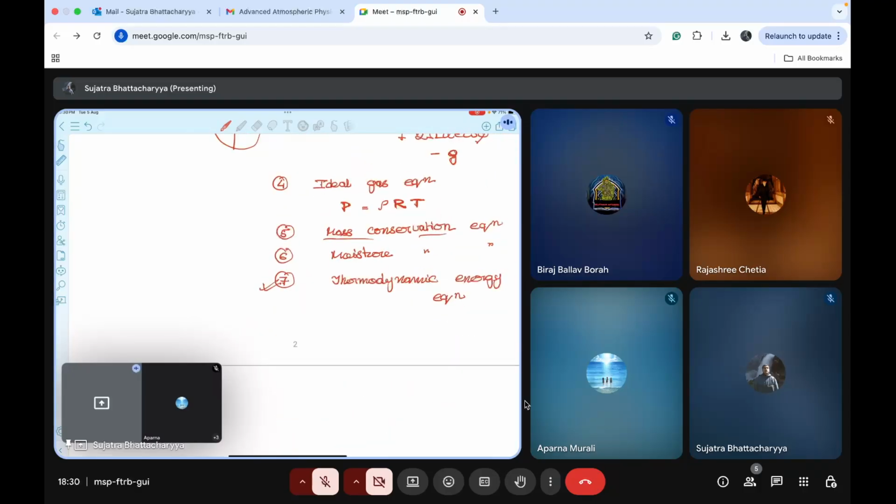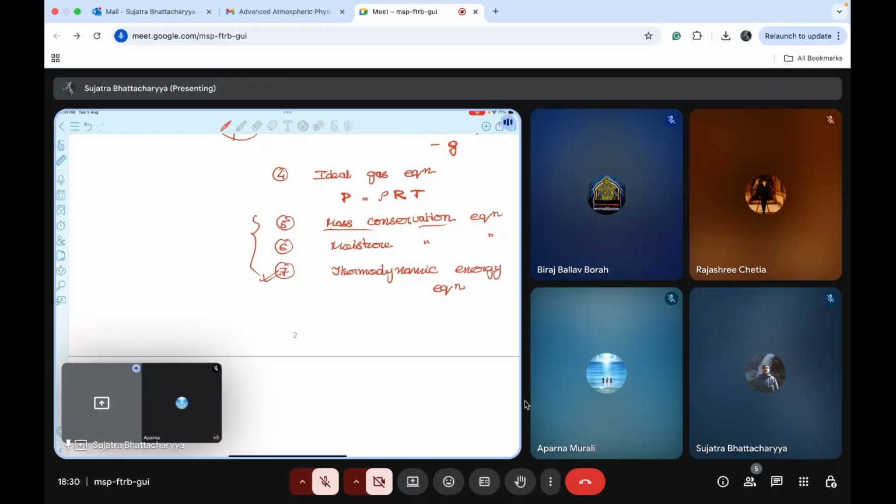Not in the ideal gas equation, but you see that the other equations have non-linearity. These seven equations are called the primitive equations. On top of that, many modifications can be done in a model, but these are the seven equations for weather forecasting.